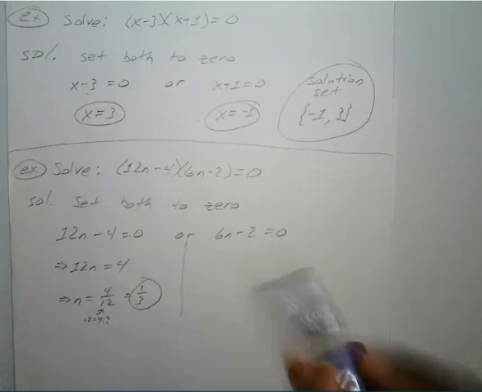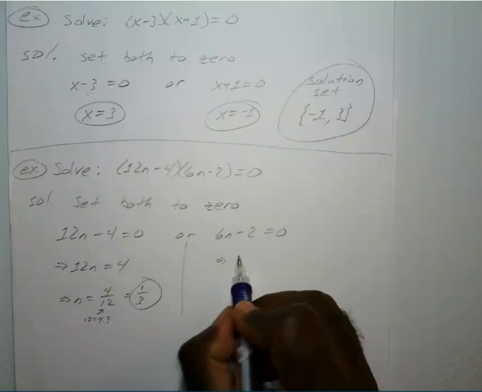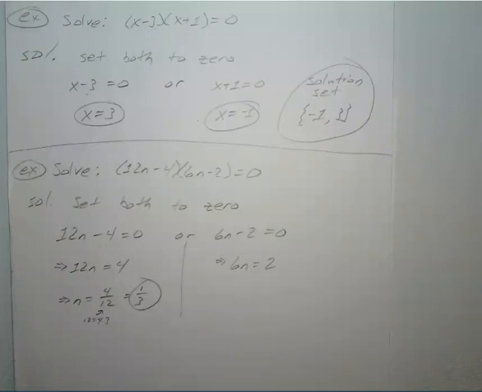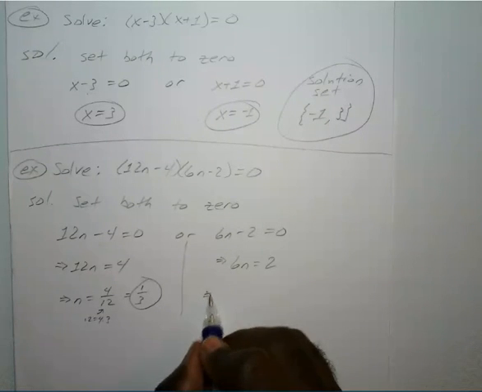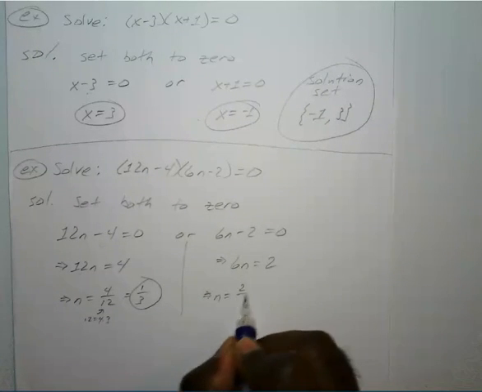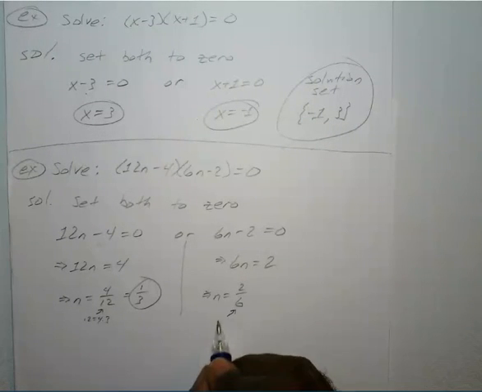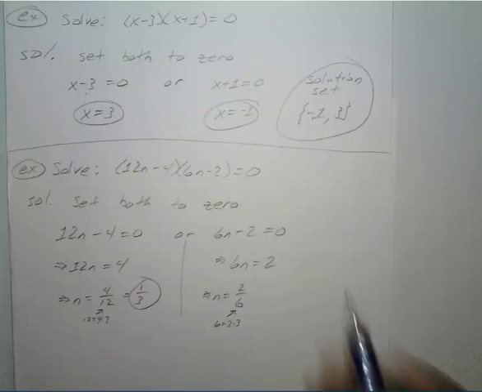Okay, so now we'll go ahead and solve the second one. We add 2 to both sides here, so we have 6n equals 2. If we divide both sides by 6, we get n equals 2 over 6. Again, if we remember that 6 is equal to 2 times 3, those 2s would cancel out.